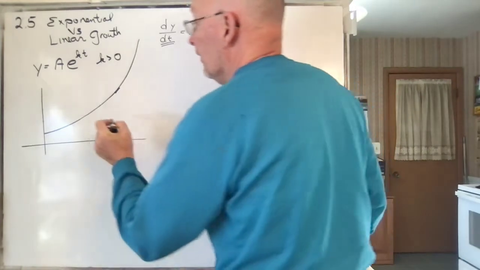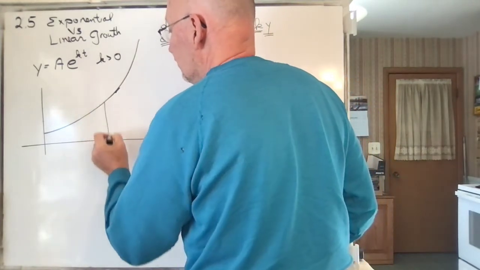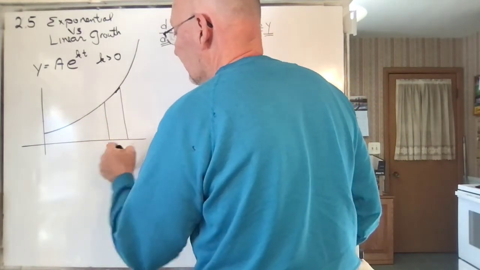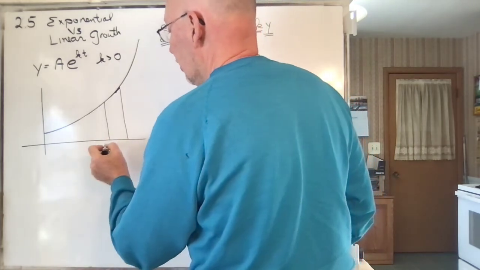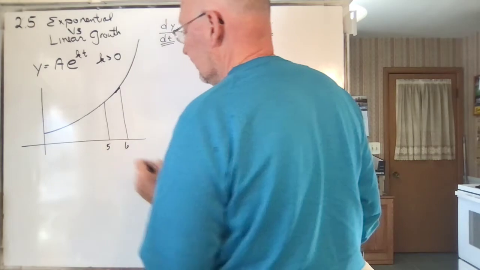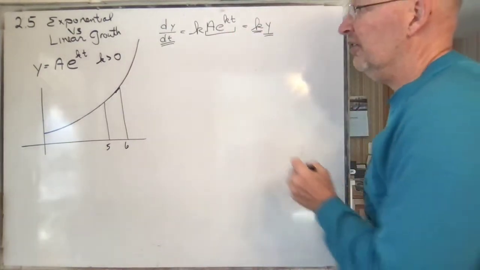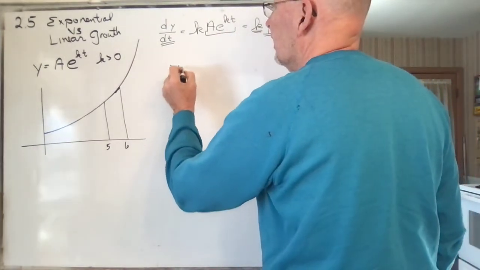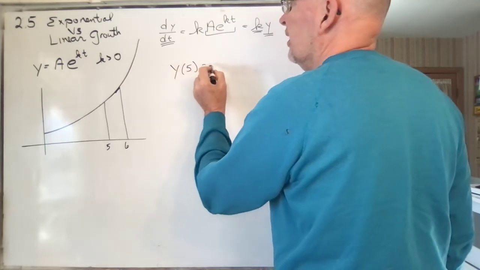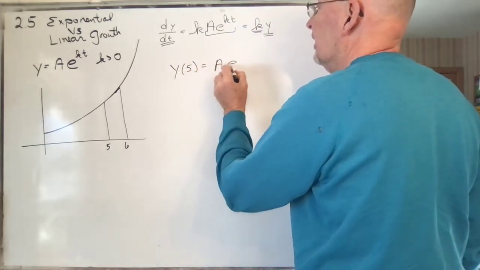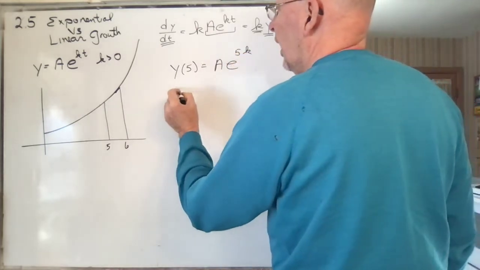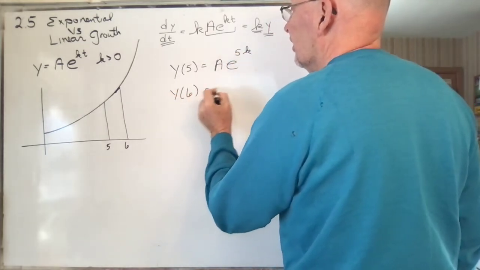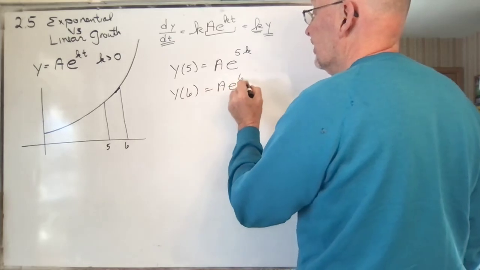The other thing true of exponential growth is that if you take any 2 points on this axis which are just 1 unit apart, I don't care, let's just call them 5 and 6, just to be specific. Notice that you have y of 5 is equal to a times e to the 5k, and y of 6 is a times e to the 6k.